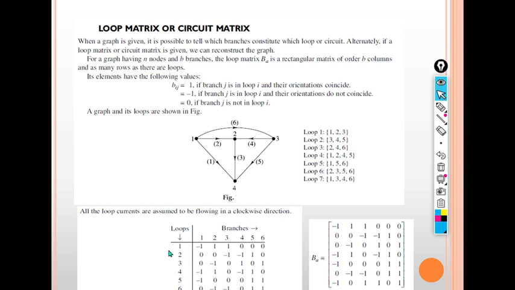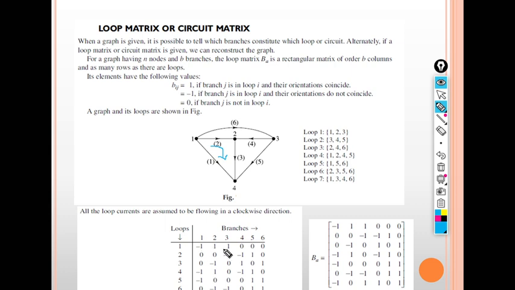If I take the loop direction as clockwise, then what am I getting? 2 and 3 are both in the same direction, but branch 1's direction is opposite to this direction, so I am taking -1, 2 and 3 +1.